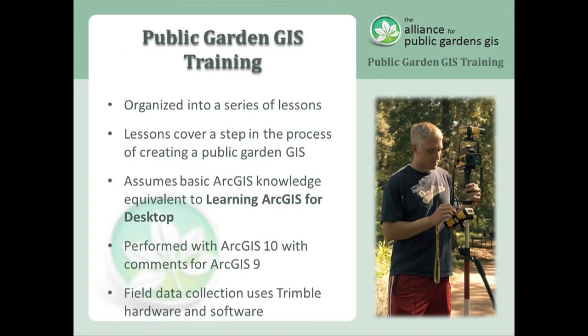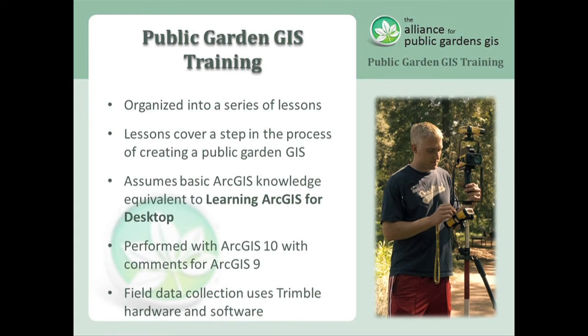So now that we've given you a little bit of background about the Alliance for Public Gardens GIS and our training grant and the GIS data model, I want to talk a little bit about the remainder of this series. So we've organized the GIS training series into a series of lessons, and each lesson covers a step in the process of creating Public Gardens GIS.